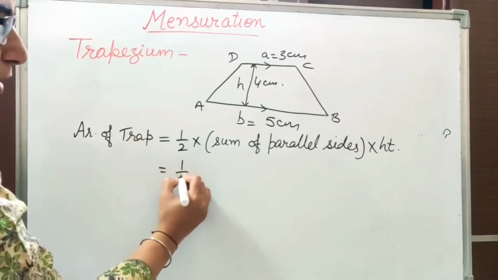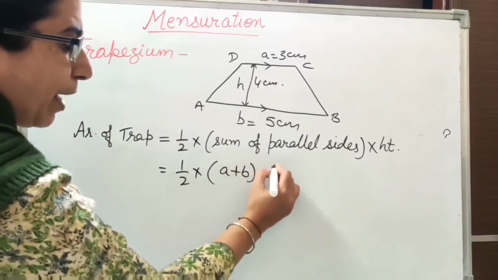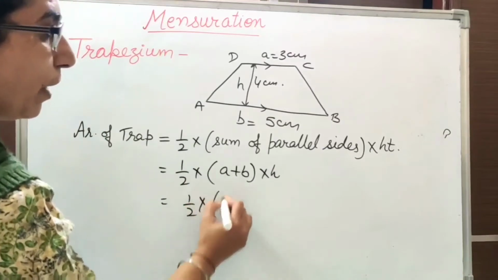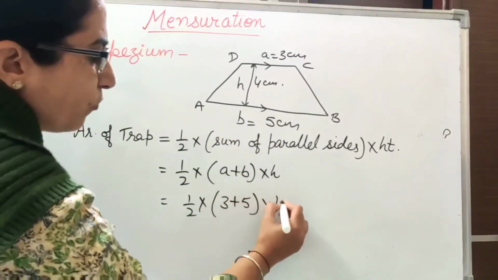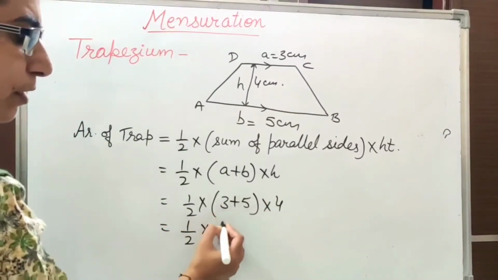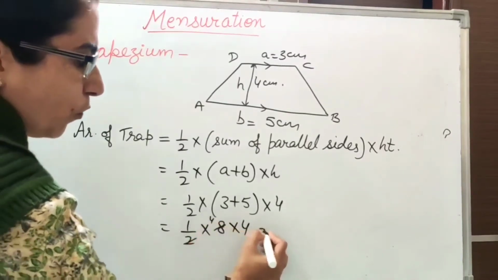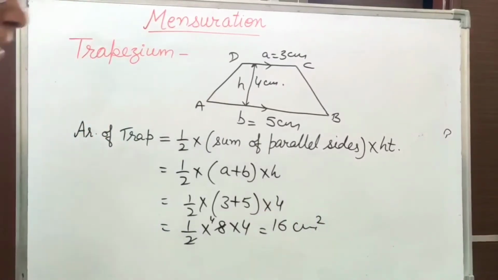Area is 1 upon 2 into A plus B multiply H. Now put the values: 1 upon 2 multiply A is 3 plus 5 multiply H is 4. Then it becomes 1 upon 2 multiply 8 into 4. So 4 fours are 16 centimeter square. This is the area of this trapezium.